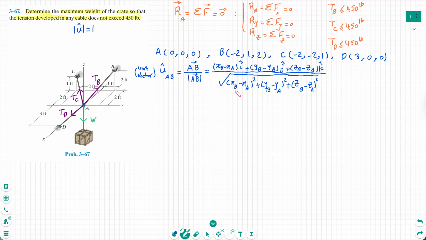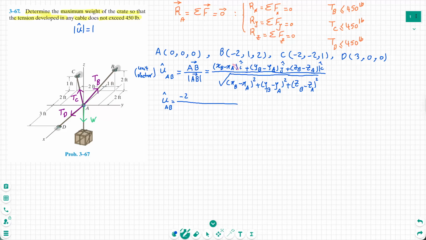Okay, simply if I just plug in the values from A and B, for u hat AB, I can write xb, that is minus 2 minus 0.